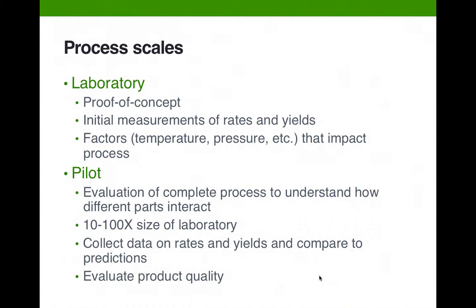Because that yield helps determine whether or not your process has any chance of being economical. And the rates help tell you how large your reactors and your heat exchangers and so forth have to be in the large-scale process at the end.